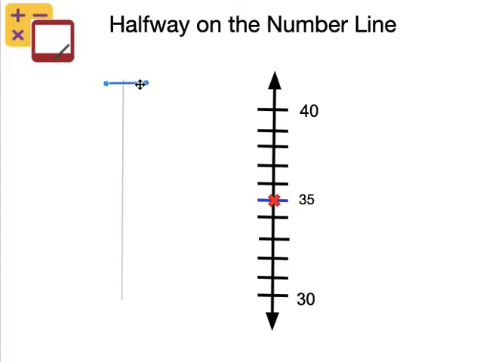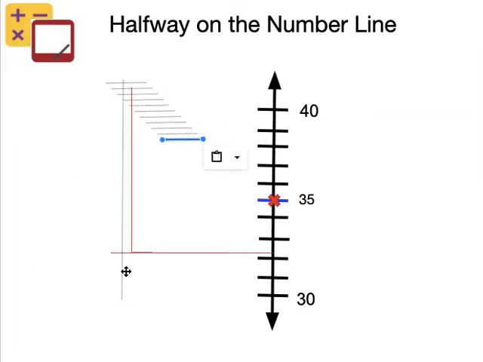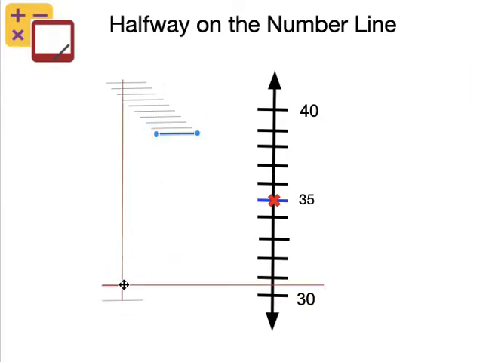So I'm going to quickly go ahead and do that. 2, 3, 4, 5, 6, 7, 8, 9, 10, 11. And I want you to put your lines onto your number line. It takes me a lot longer on this computer.